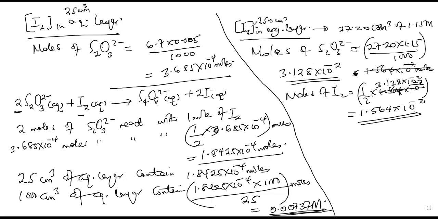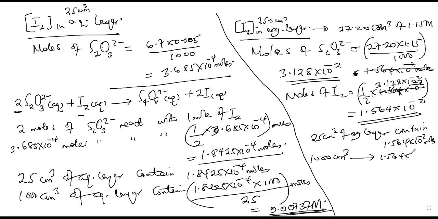But for the organic layer, they're saying 25 cubic centimeters of the organic layer contain 1.564 times 10 to the power -2 moles. What about 1,000 cubic centimeters? It will contain 1.564 times 10 to the power -2 times 1,000 out of 25.